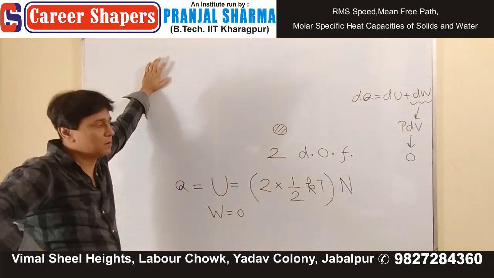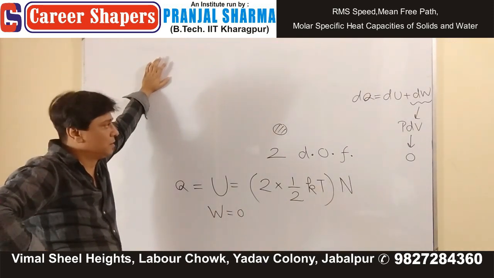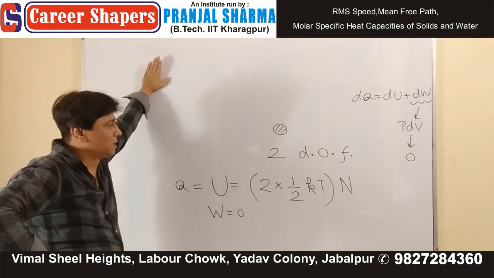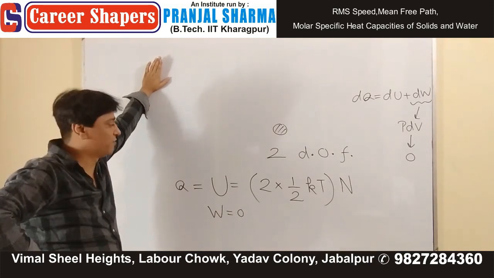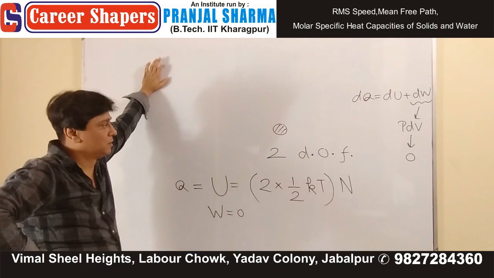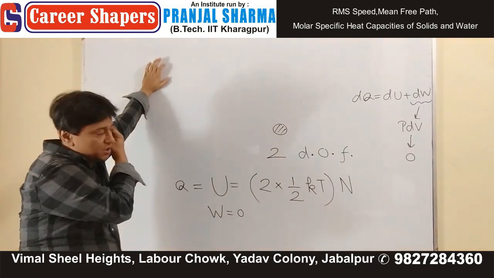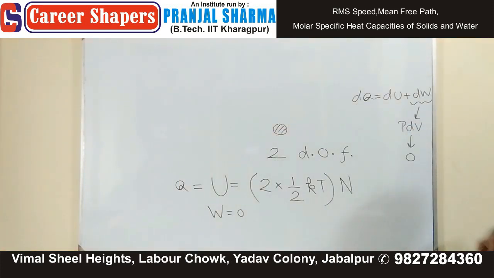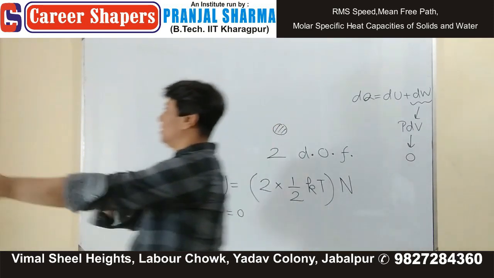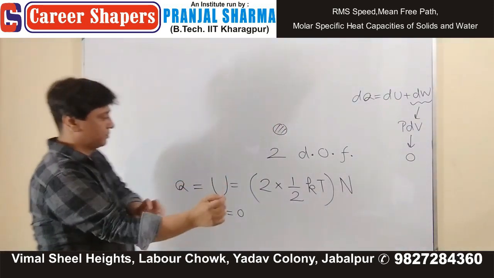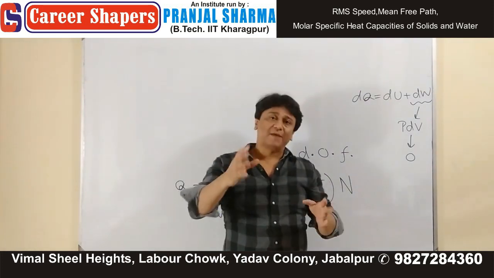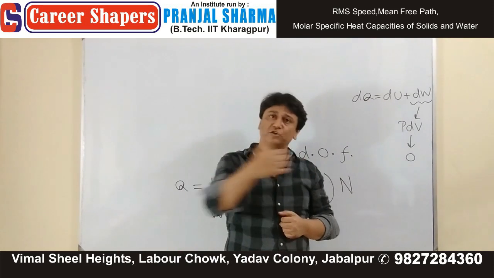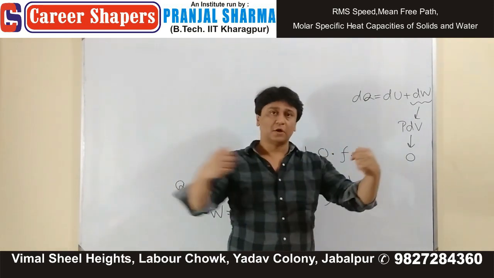It has 2 degrees of freedom for a given axis. Inside the bracket, vibrational kinetic energy and vibrational potential energy. Now, this is the atom, it is oscillating this way, or take a pair, the pair is oscillating.